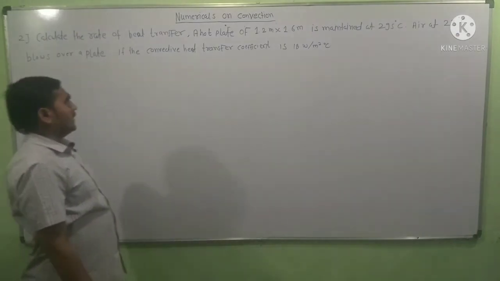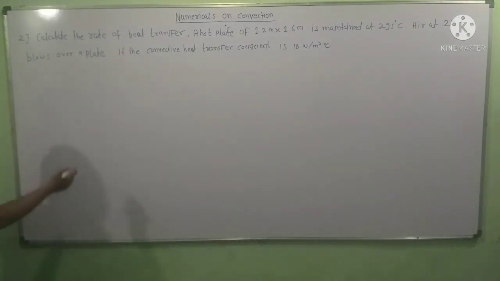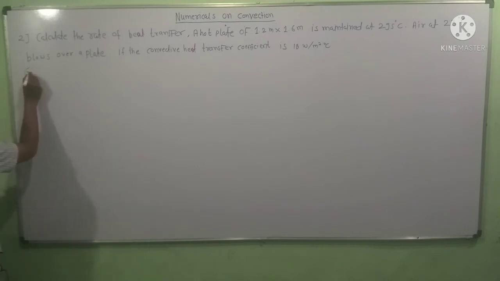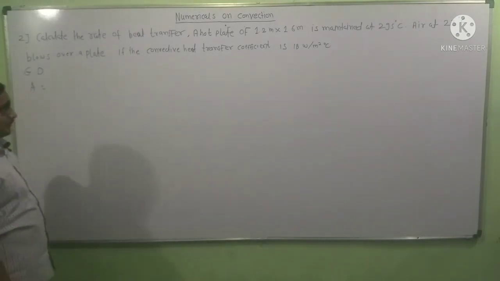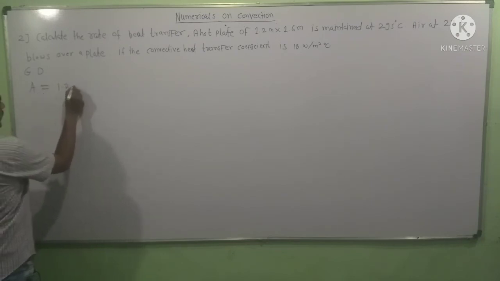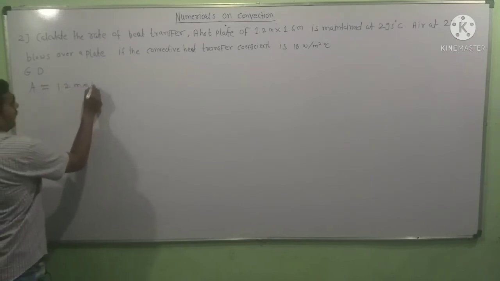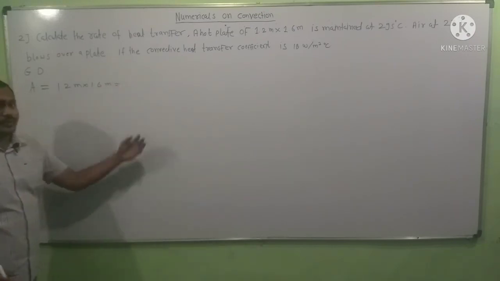Friends, they have told us to find the rate of heat transfer. Our regular procedure is to write the given data. The plate dimensions are given in meters, so area equals 1.2 meter into 1.6 meter, in meter square.